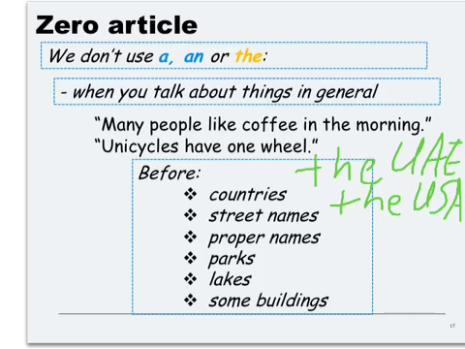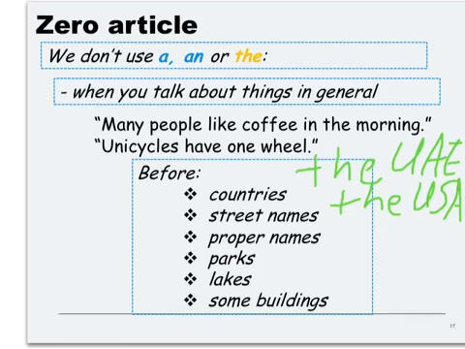If a country starts with united, you should use the. We also don't use articles before street names, like Sheikh Zayed Road, or proper names, like Ahmed or Mary. We don't use them before the names of parks or lakes, and also in front of some buildings. We're going to stop there because that's probably enough to remember in one lesson.